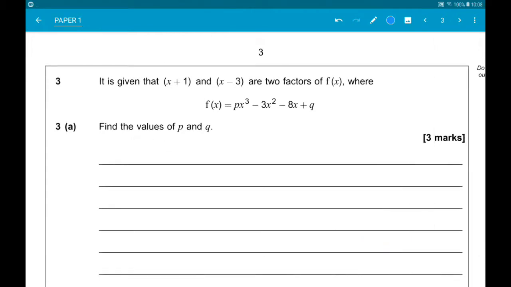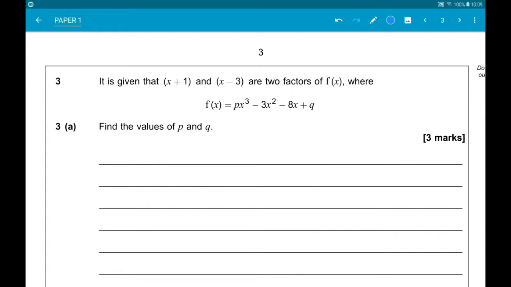Okay then, number 3, so we have some factor theorem fun. It is given that x plus 1 and x minus 3 are two factors of f of x, where f of x is px cubed minus 3x squared minus 8x add q. Part A, find the values of p and q.